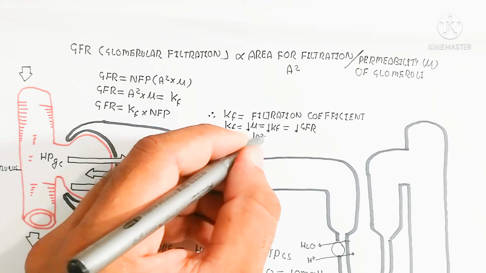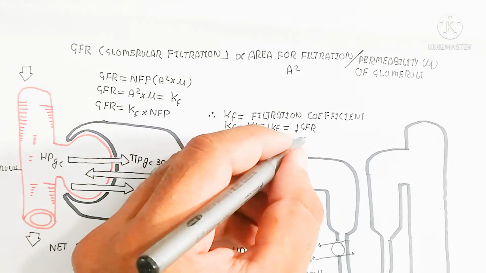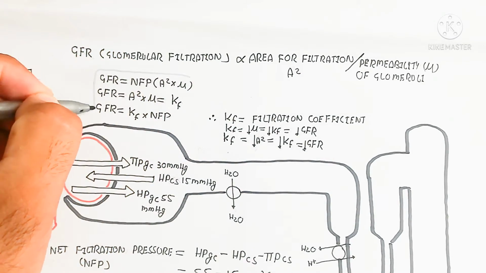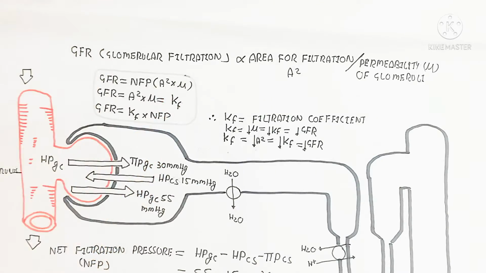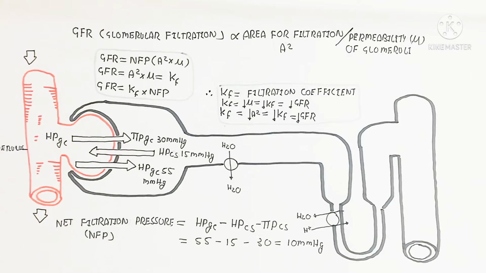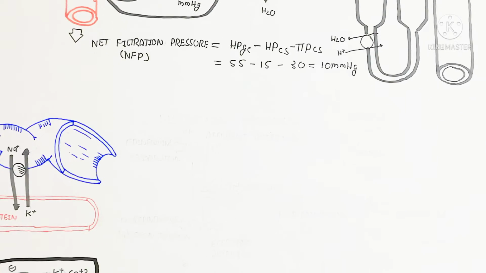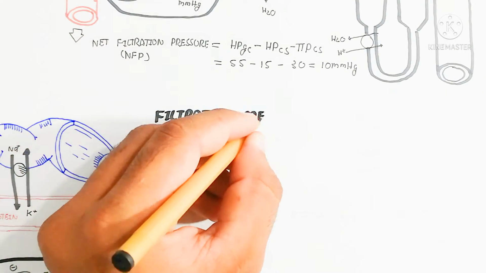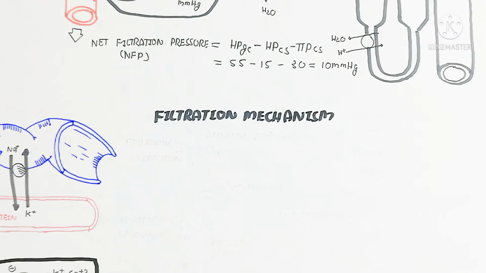So this filtration coefficient will be multiplied with the net filtration pressure, which we can conclude. So the filtration coefficient is decreased due to a decrease in the surface area as well as the permeability, and increased due to an increase in the surface area as well as the permeability.